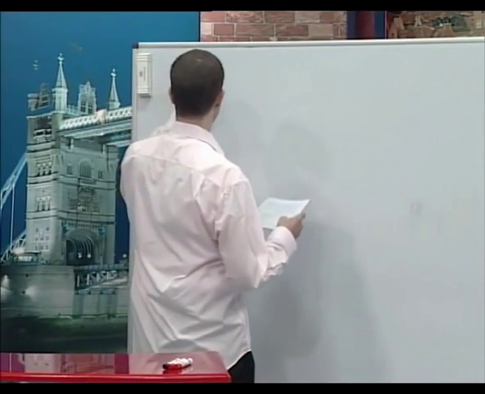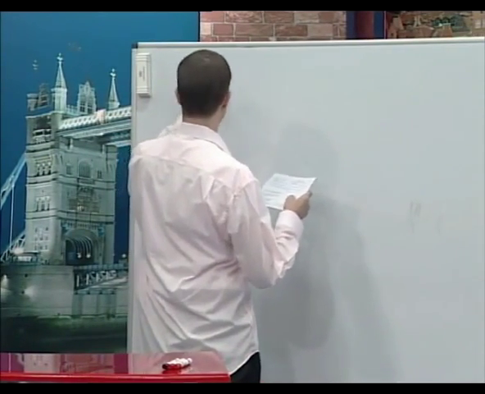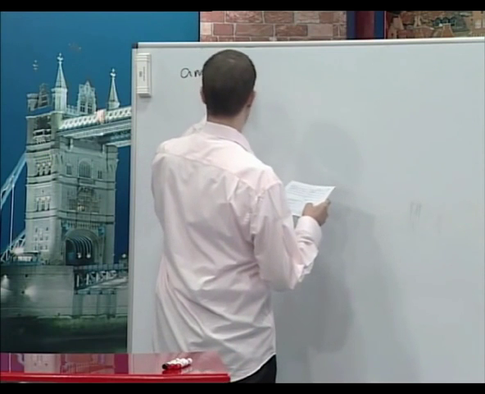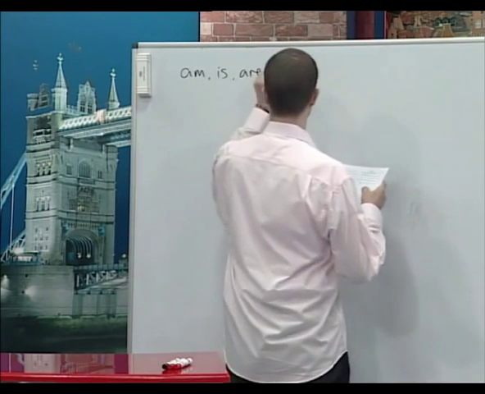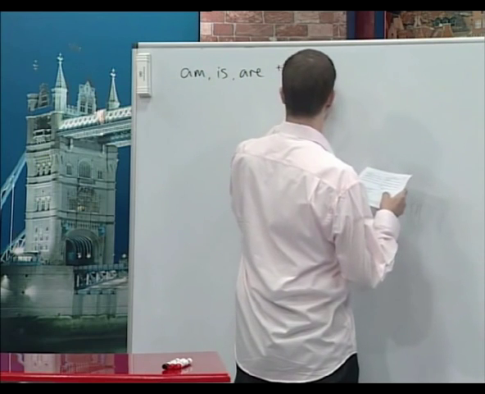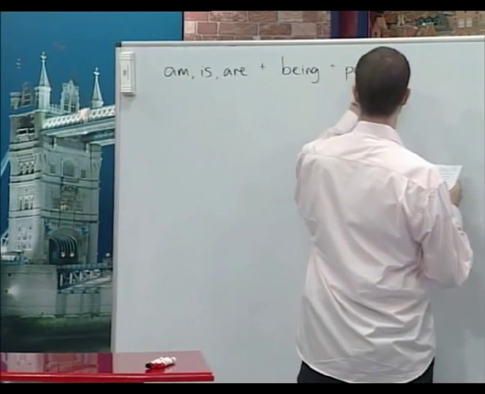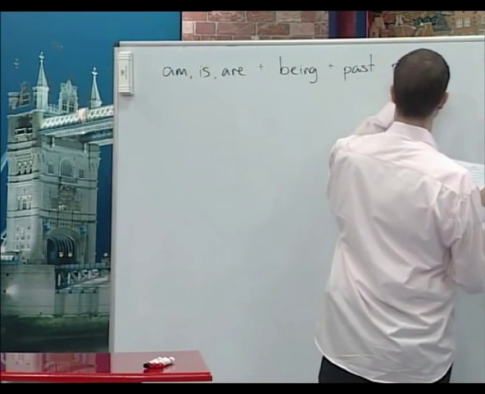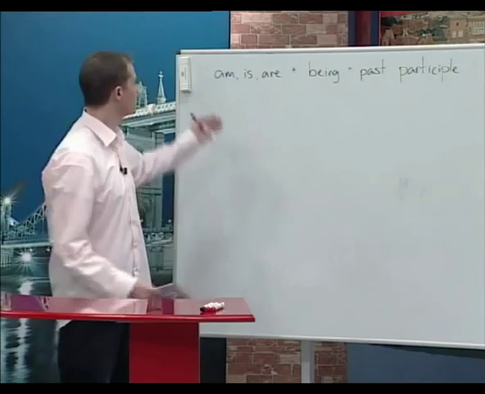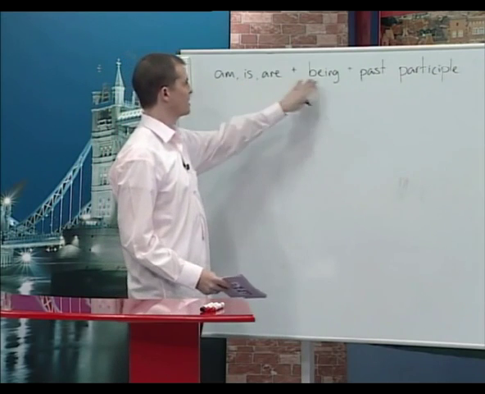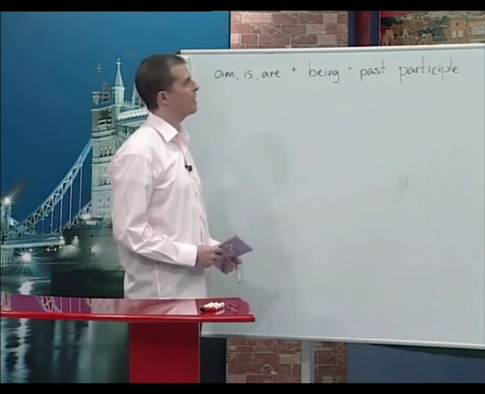To form the passive of the present continuous tense, we use am, is, or are, plus being, plus the past participle. So to form the passive voice of the present continuous tense, we use am, is, or are, plus being and the past participle.